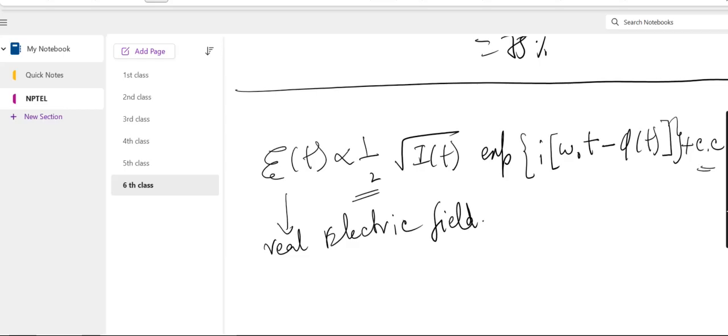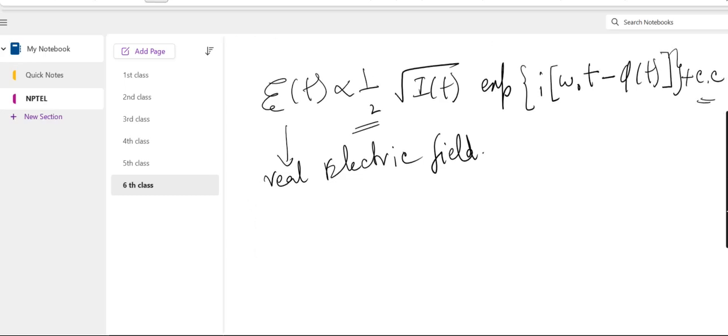For simplicity of the mathematical form, we remove the half and c.c. factor.